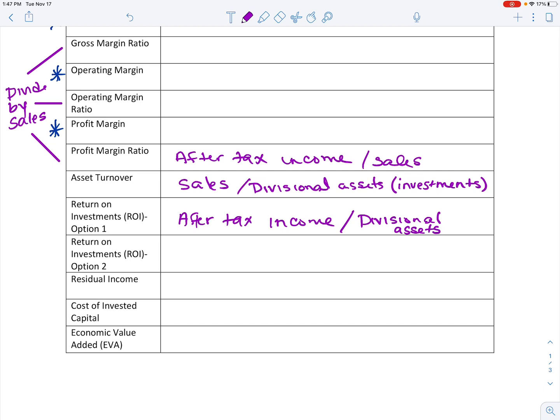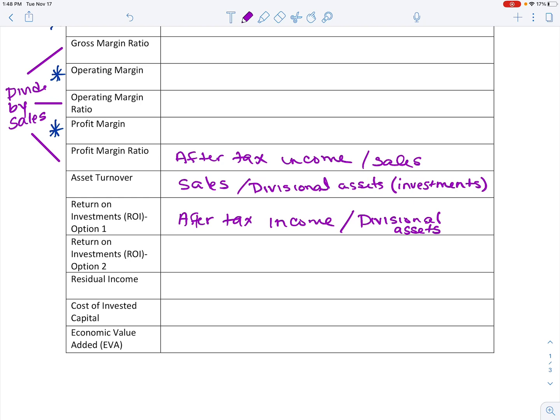If you look at these three equations we just went through, return on investment is a combination of looking at profit margin and asset turnover. If you did a little algebra, you would multiply them and then simplify by the sales.